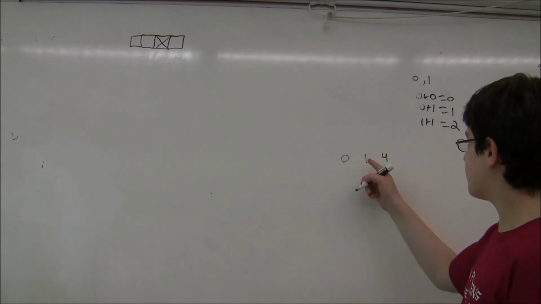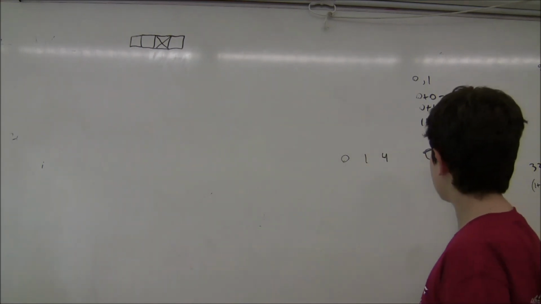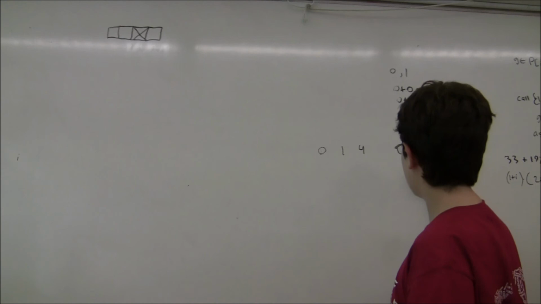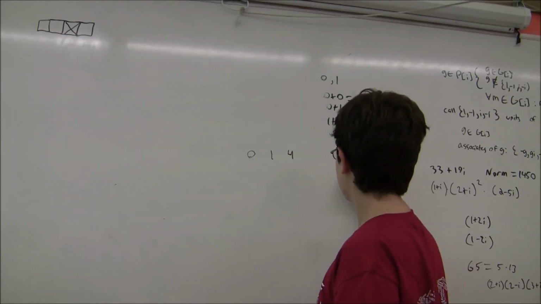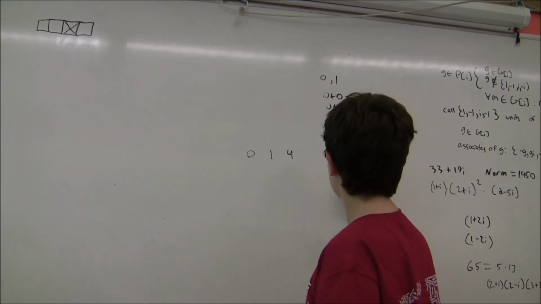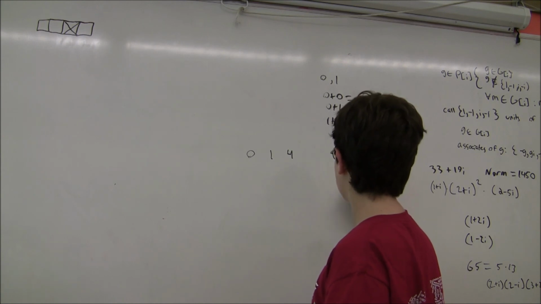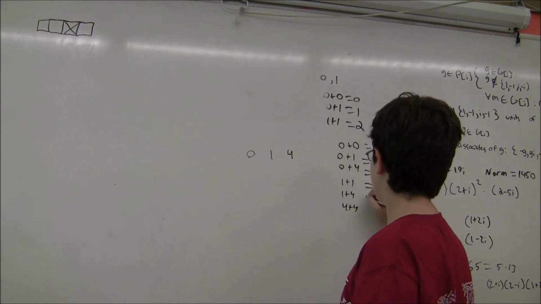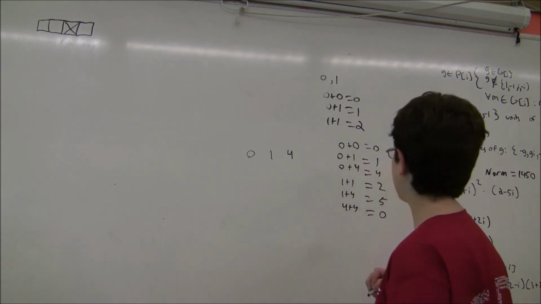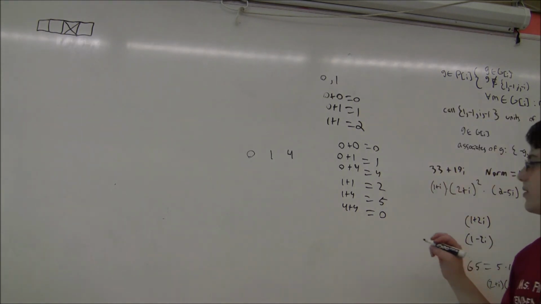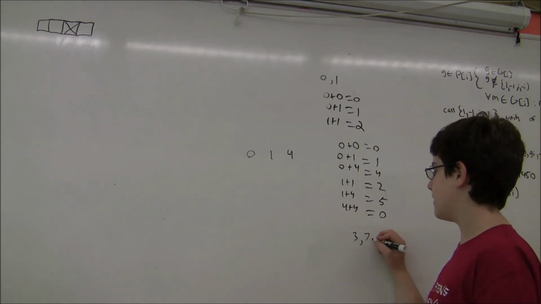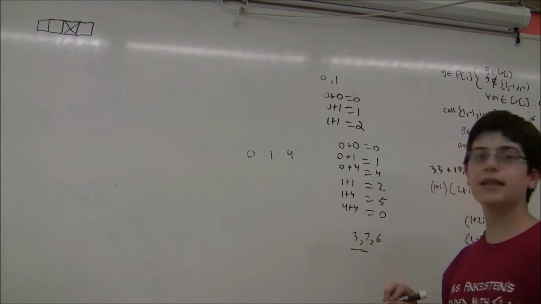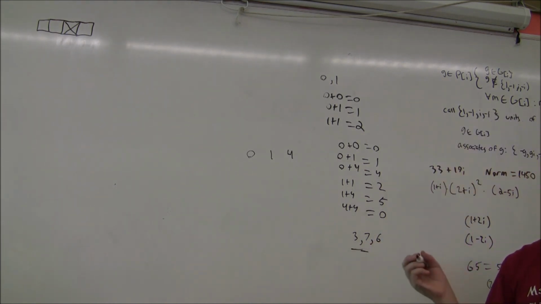So, using these, you can get 0 plus 1, 0 plus 4, 0 plus 0, and 1 plus 1, 1 plus 4, and 4 plus 4. So that's 1, 4, 0, 2, 5, and 0 again. And we don't have a 3. So the ones that we can't get are 3, 7, but you also have 6. 3 and 7 could have been anticipated. They're 3 mod 4, so obviously you can't get them. But 6 is new.